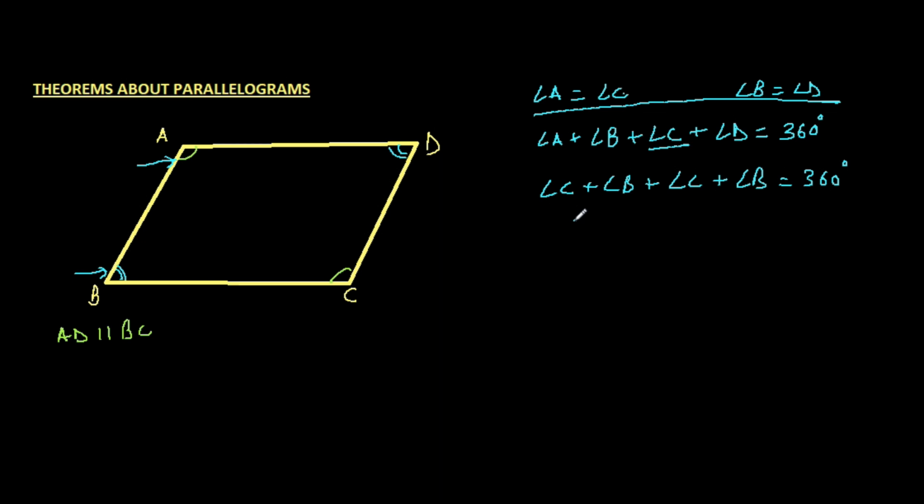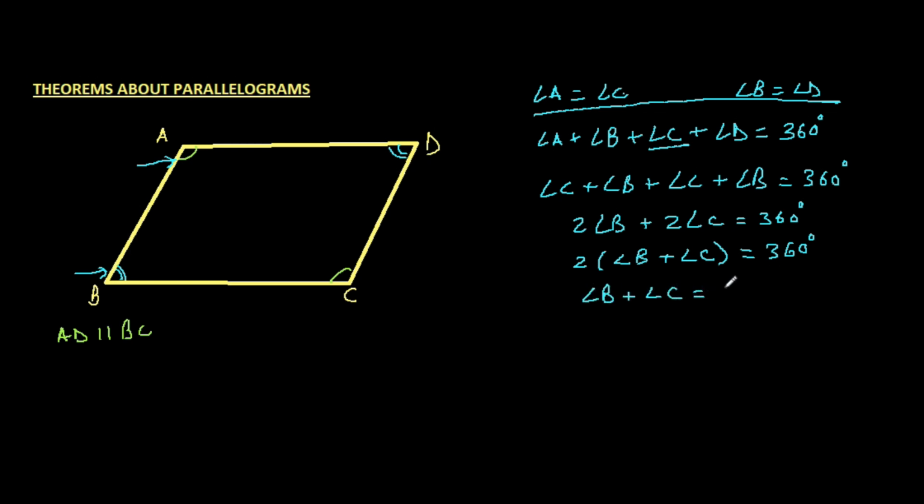That means 2 times angle B plus 2 times angle C is equal to 360 degrees. Factoring out 2, I get 2 times (angle B plus angle C) is equal to 360 degrees. And then dividing both sides by 2, I get angle B plus angle C is equal to 180 degrees.